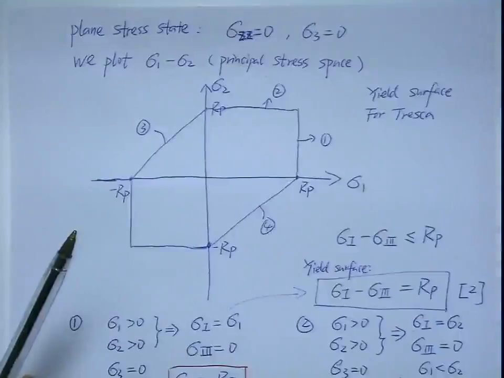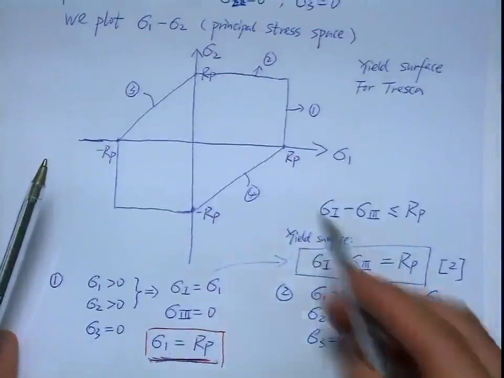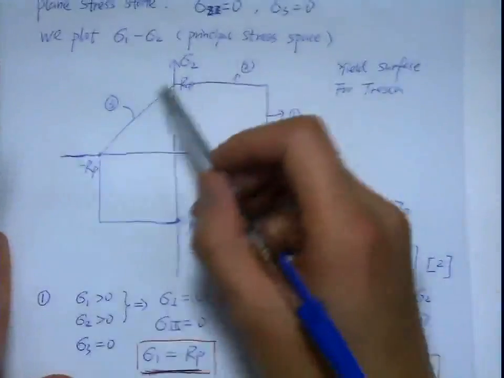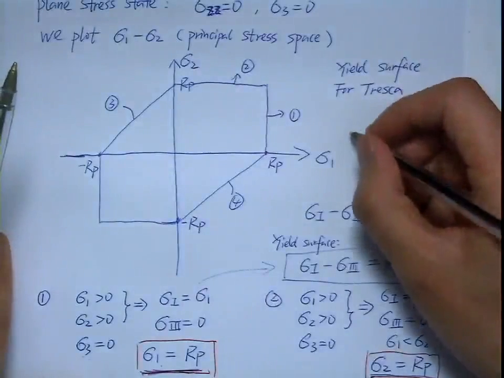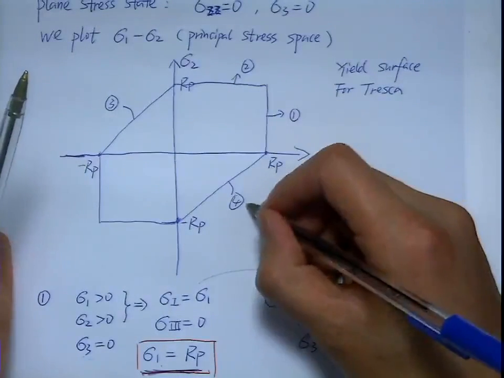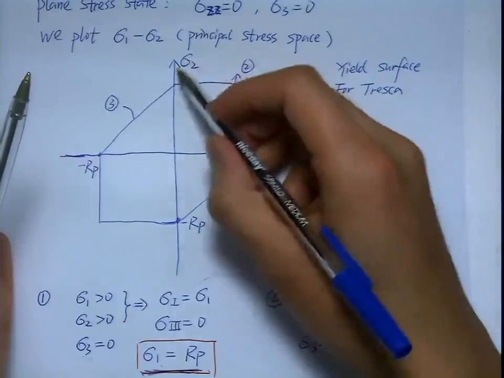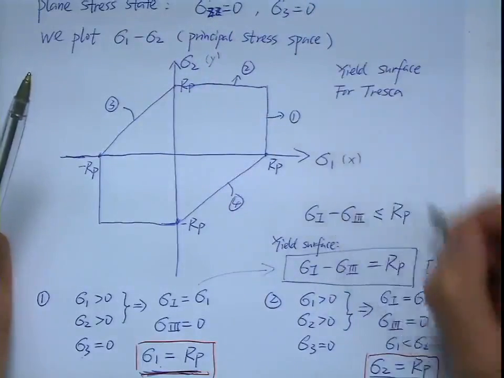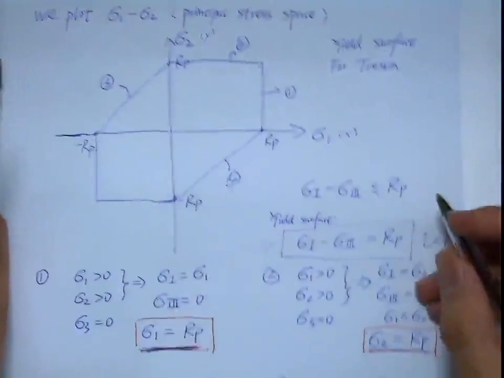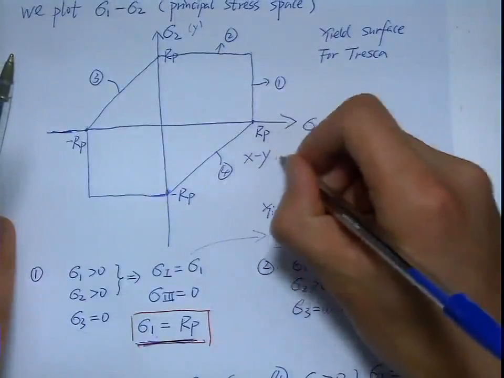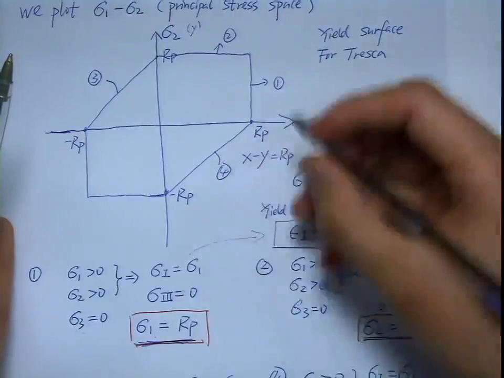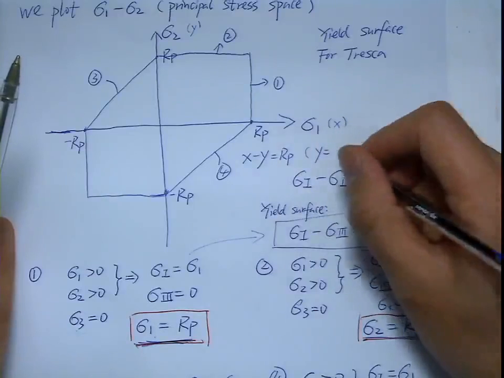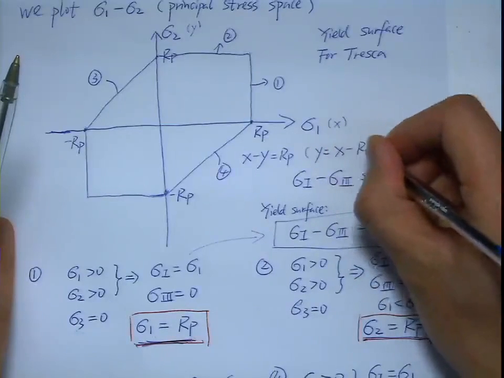And so what these two mean actually is, if you remember your math course, how to draw an inclined line. Let's say if sigma 2 is the variable y, sigma 1 is the variable x. So this line basically is x minus y equal to RP. So you arrange it, looks like y equal to x minus RP.